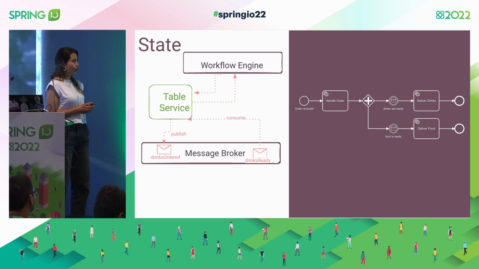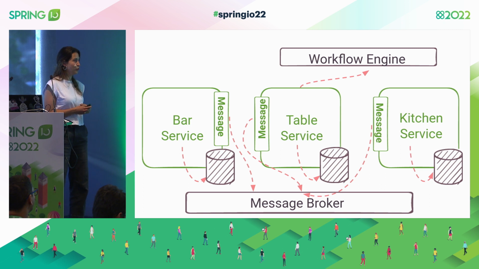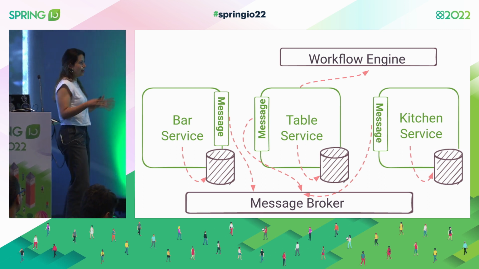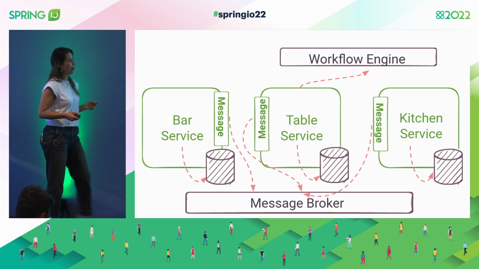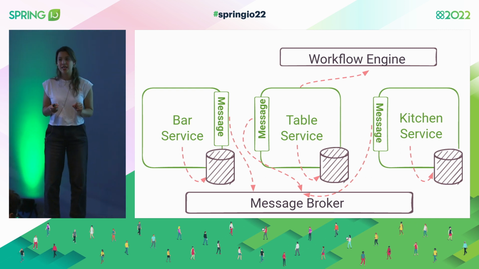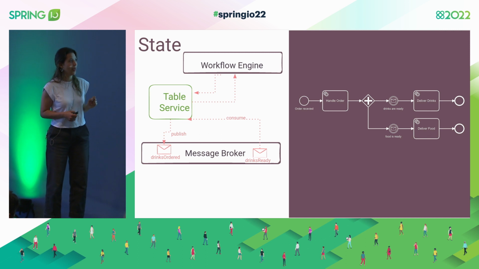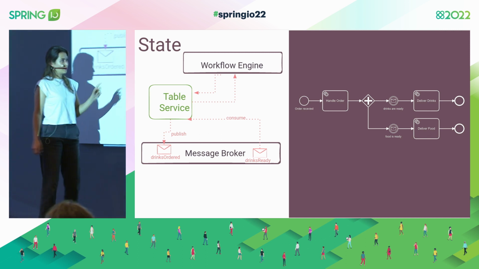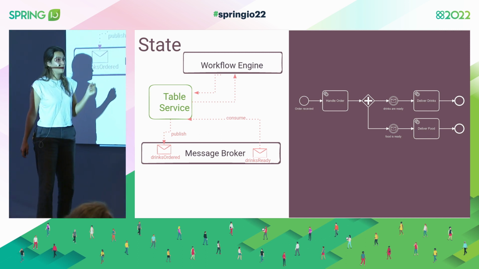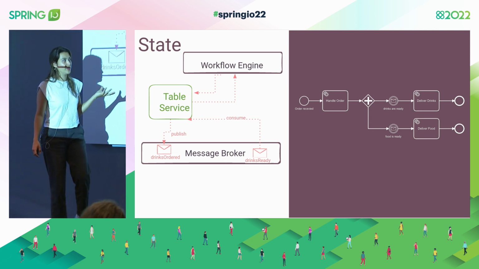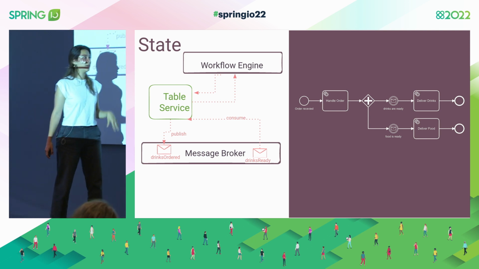Looking now at the overall architecture, we keep everything as it is, but we have the workflow engine attached to the table service. Now we also have the ability, if our customer is not getting drinks, for example, to see where the problem is in the runtime of our process.